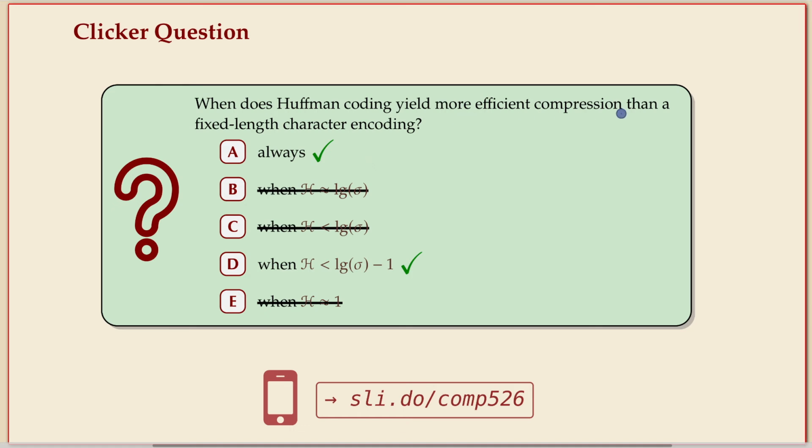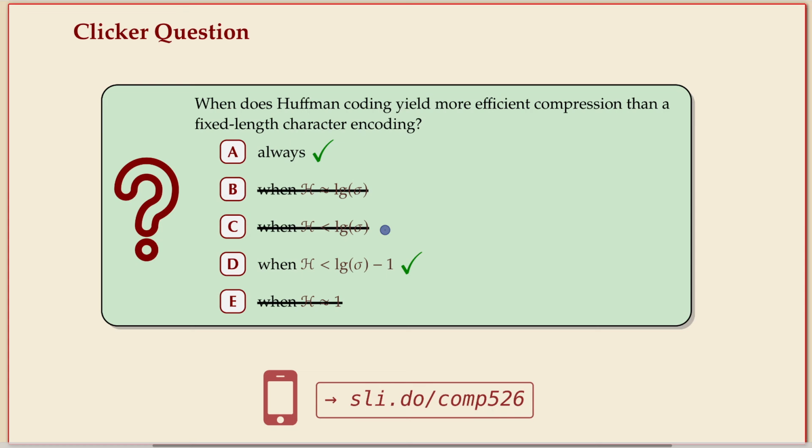So if you mean by more efficient compression the expected code word length, then Huffman codes are never worse than any fixed length code. In the same interpretation, if the entropy of the character distribution is less than log sigma minus 1, then even after adding the +1, which was the best bound we could prove, we're still strictly better. If you're in this range, where the entropy is just strictly less than log sigma, you may be better or you may not. Depending on where on the scale, the expected code word length could be between h and h+1.